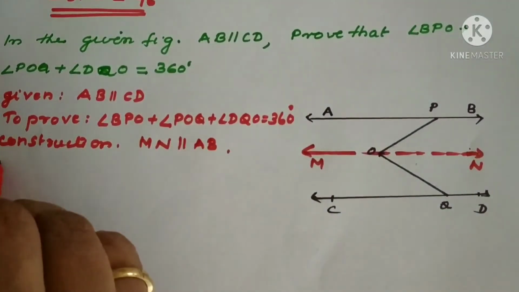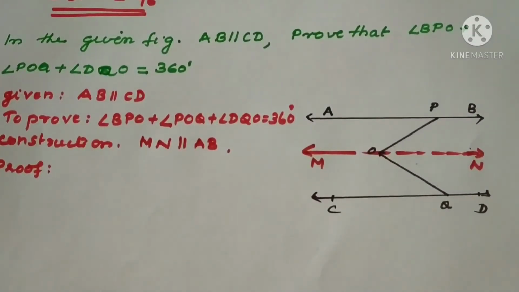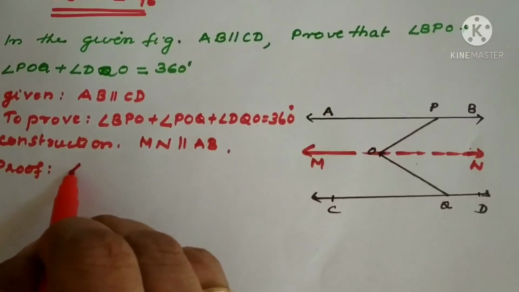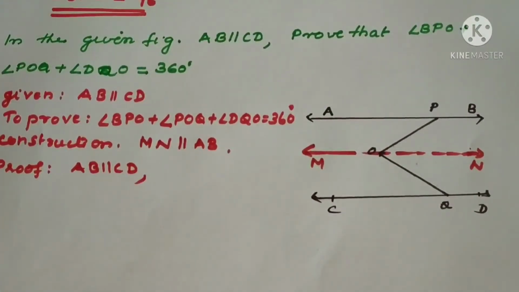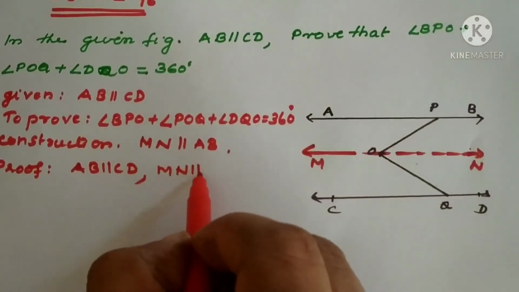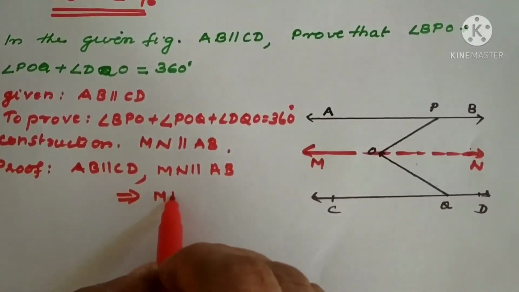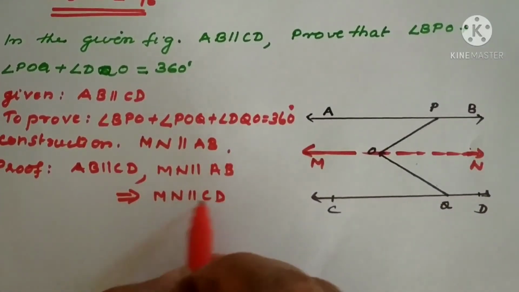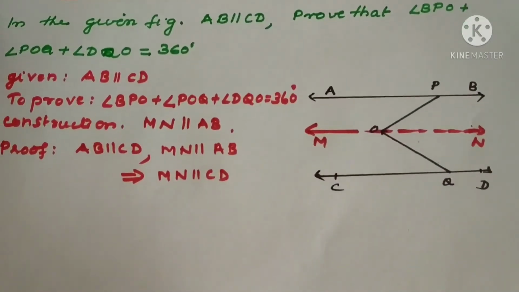Now proof. AB parallel to CD. MN parallel to AB implies MN parallel to CD. Got? That means all the three lines are parallel only.